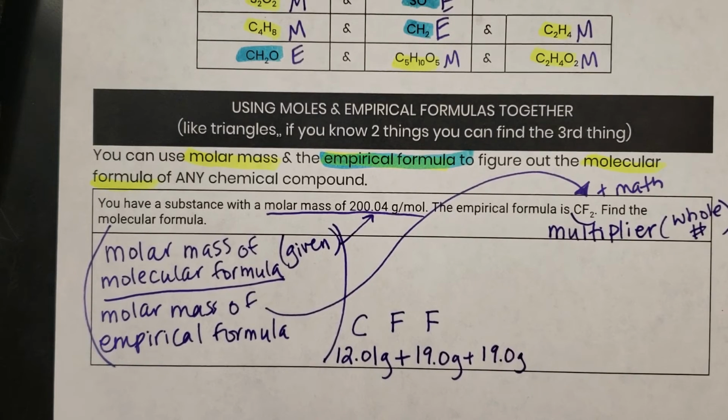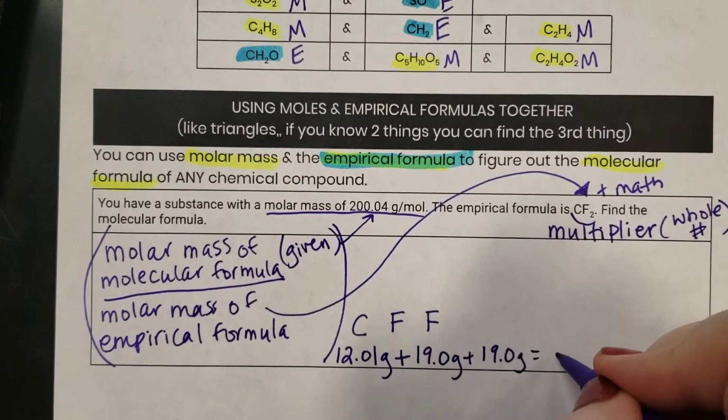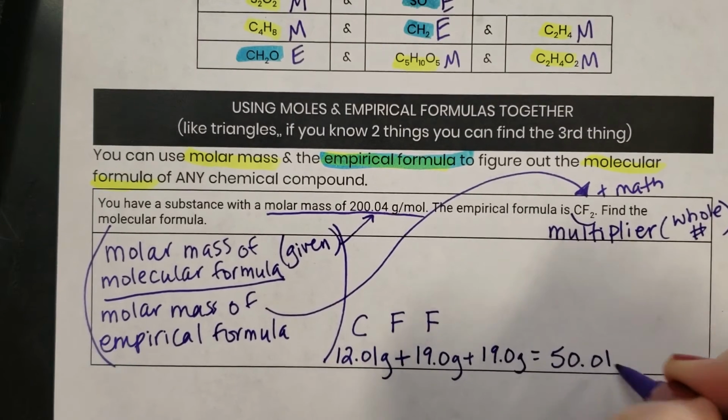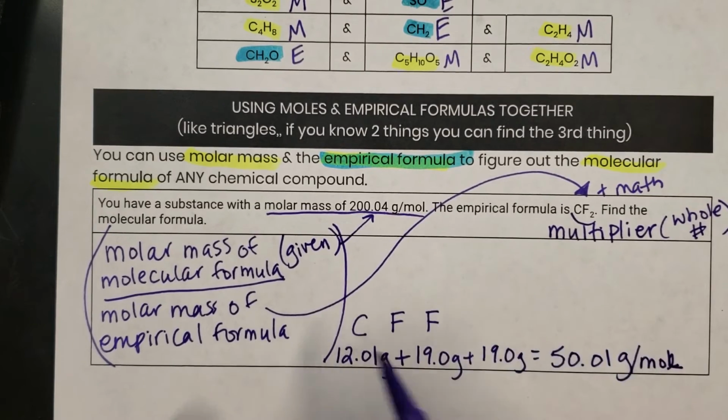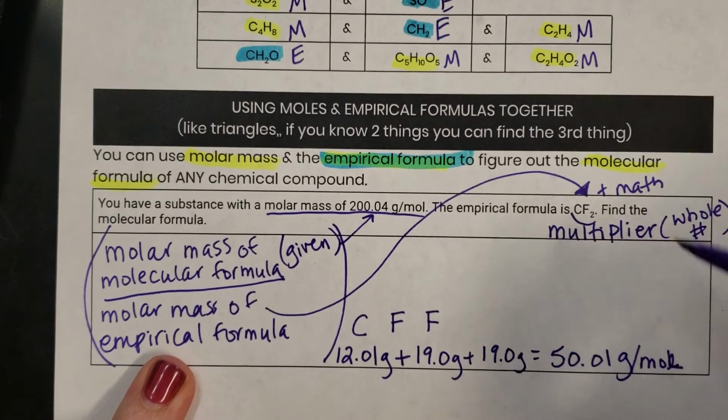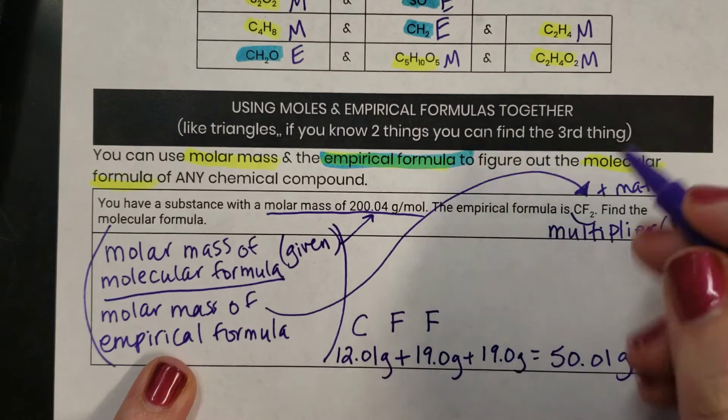And then all you have to do is add those together. And when you add those together, you should get 50.01 grams per mole. And that is the molar mass of this empirical formula. So now you just do a little bit of division.